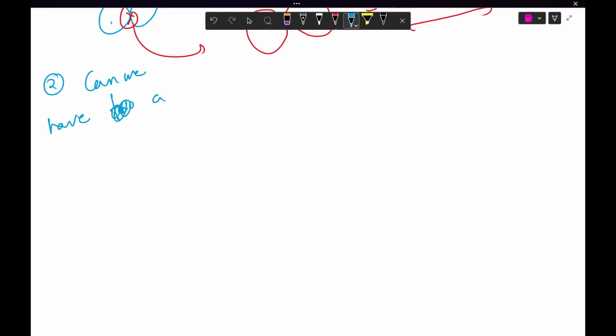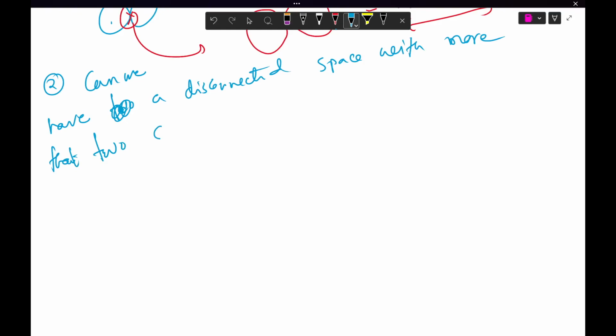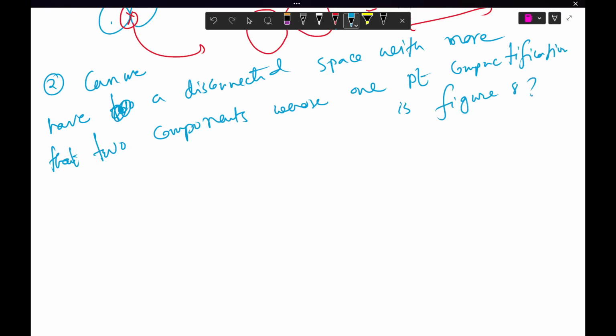Can we have a disconnected space with more than two components whose one-point compactification is figure 8? Is it possible?